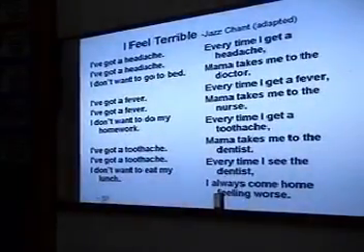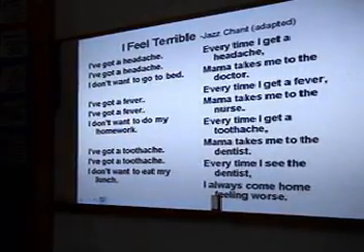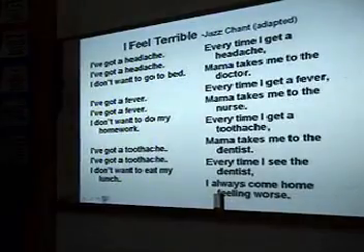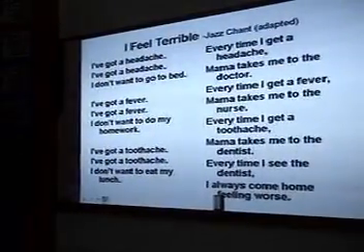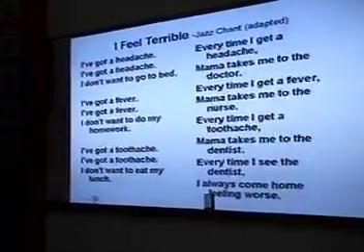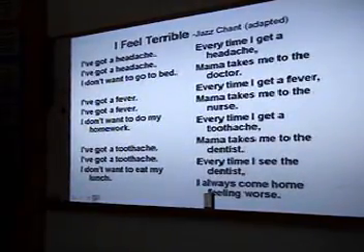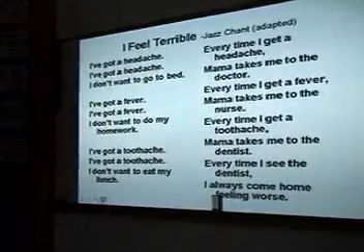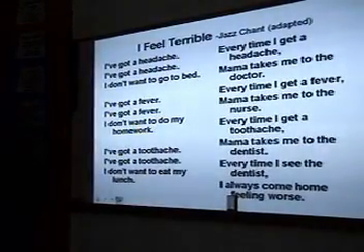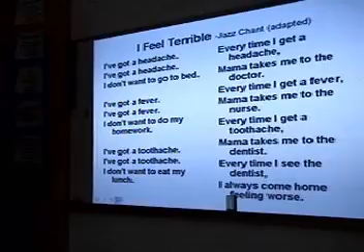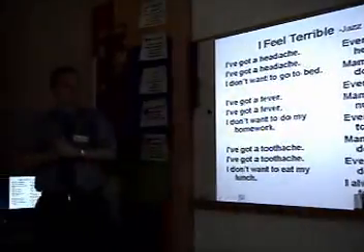Every time I get a fever, Mama takes me to the nurse. Every time I get a toothache, Mama takes me to the dentist. Every time I see the dentist, I always come home feeling worse.